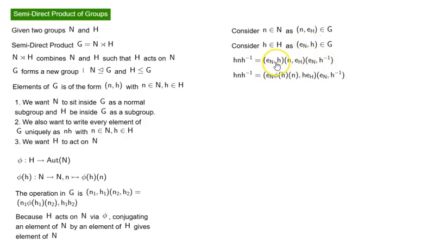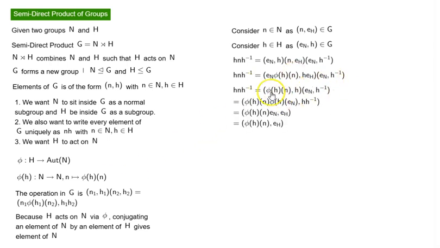Now let's multiply the first two, using this operation of G. The first element is e_N times phi of h of n, comma h times e_H, and this comes as it is. So we have multiplied the first two factors. Now let's multiply these two.